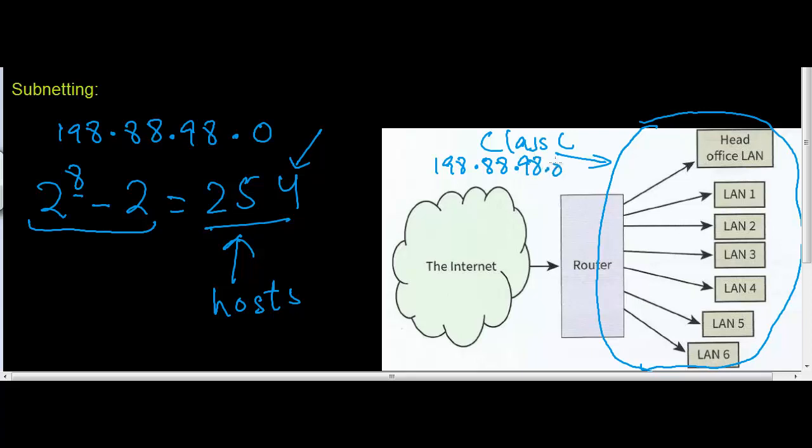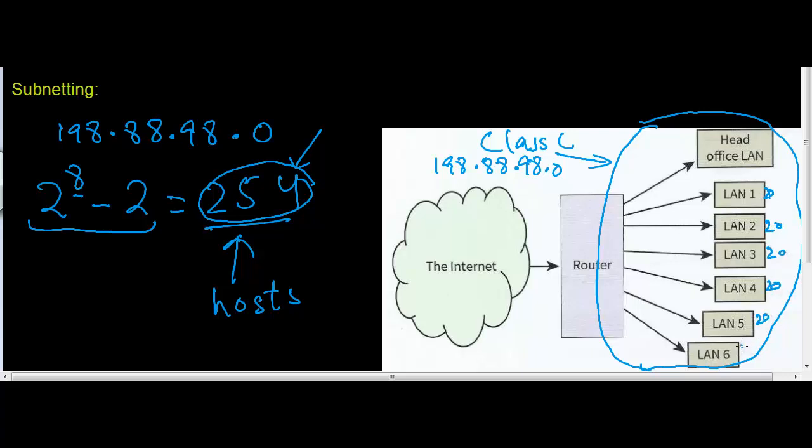So we have a single class C network address, and in that single class C network address we can only have 254 hosts. And remember, in our problem we need a total of 150 computers for this business organization, such that there were going to be 20 here, 20 here, 20, 20.